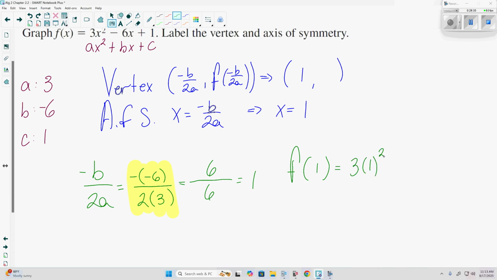Which is really just telling me to take that quadratic equation, 3x squared minus 6x plus 1, take that equation and replace x with 1. Plug the x value back into the function. That's all that's saying. Find negative b over 2a and plug it into the equation.